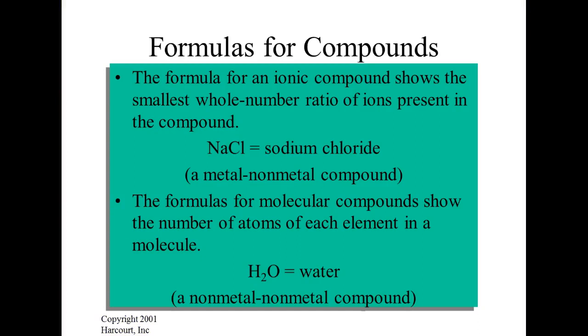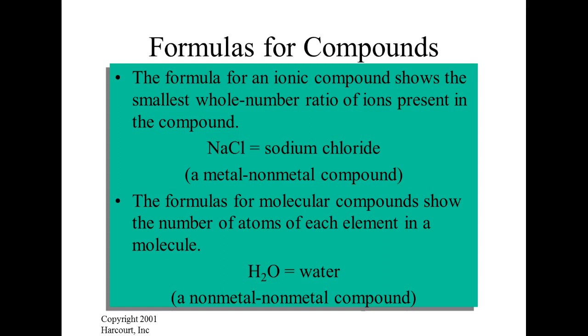So formulas we've talked about before is the ratio of the two atoms together, and when they're ions, it's called an ionic compound. So in the formula for ionic compounds, the metal is listed first, the one on the left side of the periodic table, and then the one on the right side of the periodic table is named second.